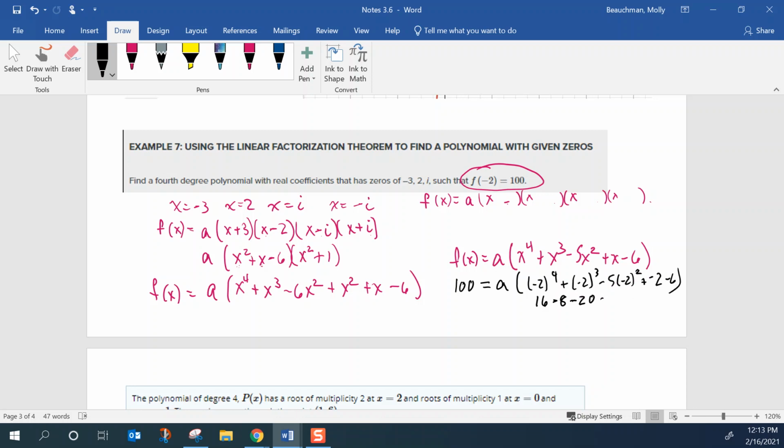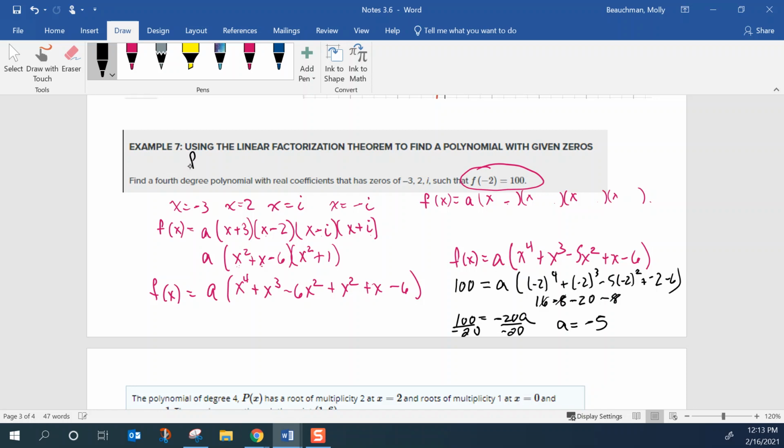Negative 2 plus negative 6 is negative 8. Add these together. I get negative 20. So 100 equals negative 20 times a. Divide both sides by negative 20, and a is equal to 100 divided by negative 20, which is negative 5.